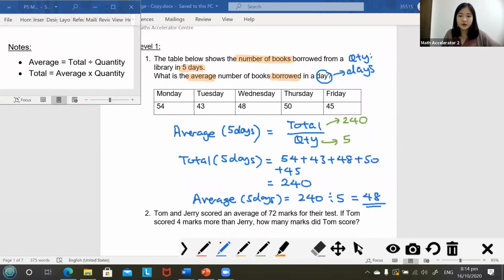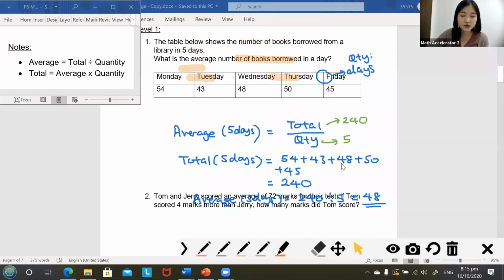So that will be your average of the 5 days: take the total divided by the number of days. So this is the basic concept of what average is. Let's go to question 2.